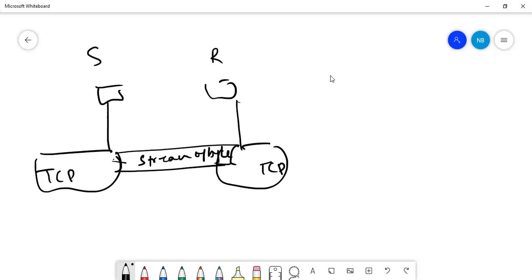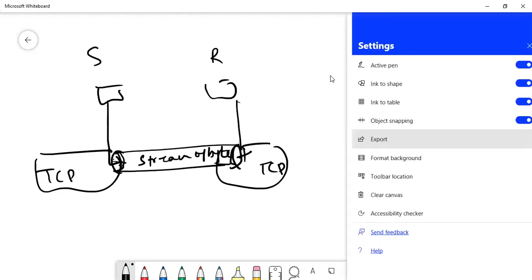The sender process will write the data into this pipe, or the stream of bytes. Similarly, the receiver will receive the data here, by using TCP.